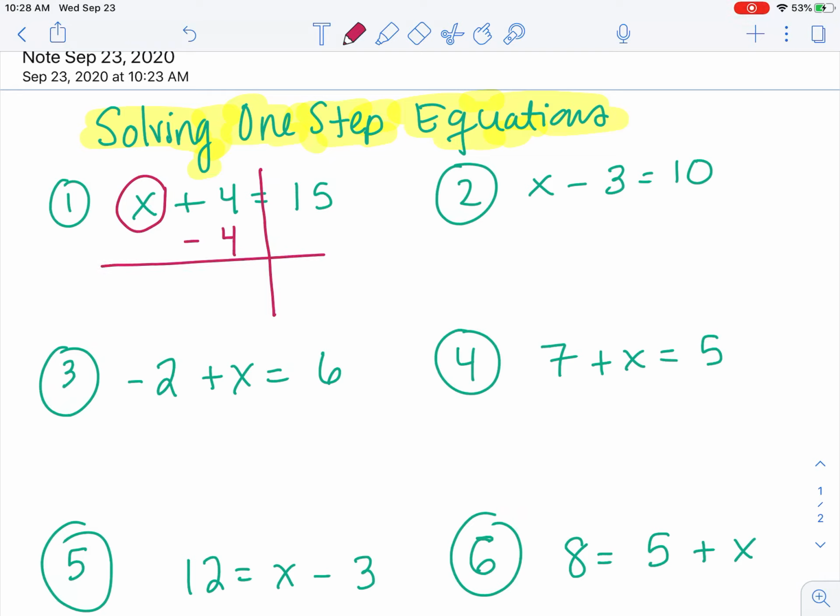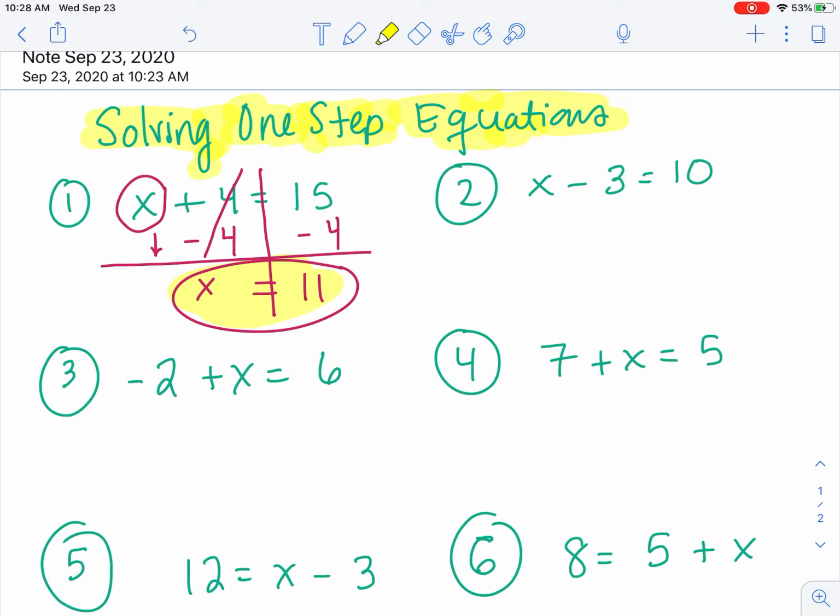Now remember, anytime you're solving equations, if you do something on the left-hand side of the equation, you have to do it on the right. So I do minus 4 on the right. Now on the left, the plus 4 and the minus 4 cancel out. The x is still there, so it just comes down. I still have equals in the middle. 15 minus 4 gives me 11, and I am done.